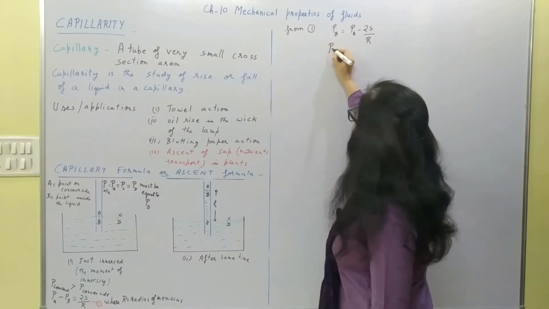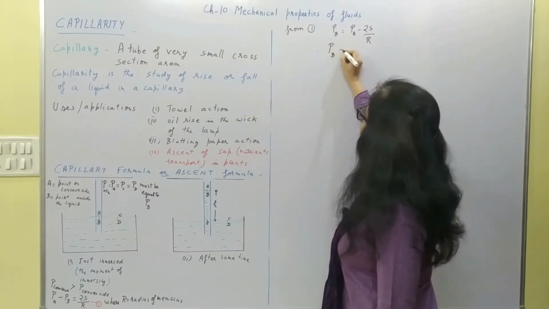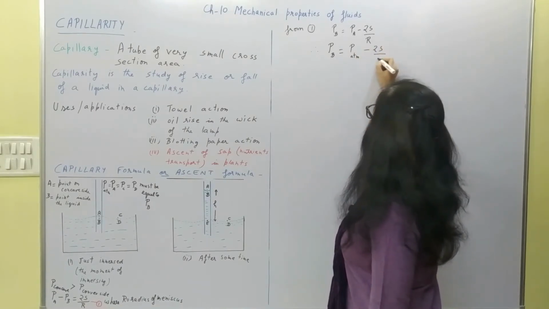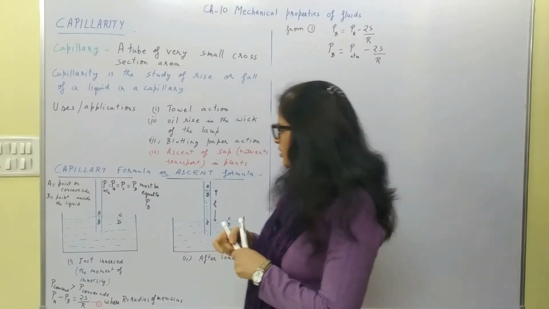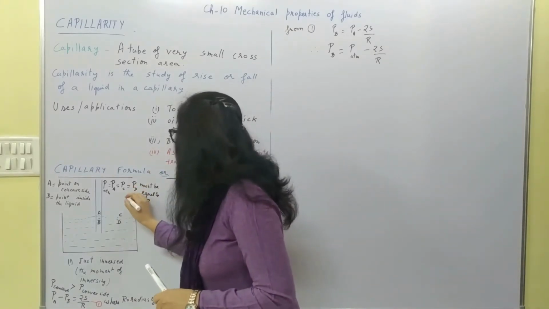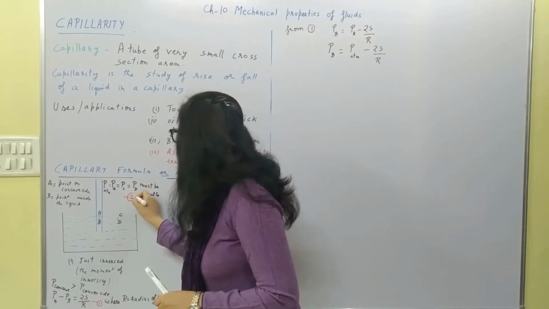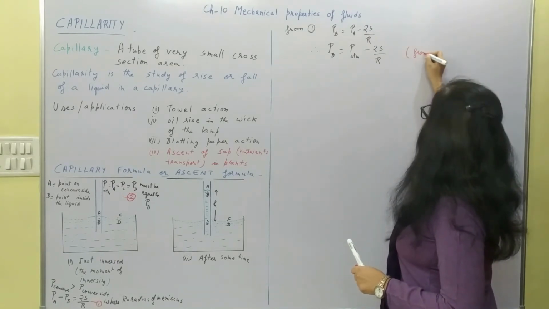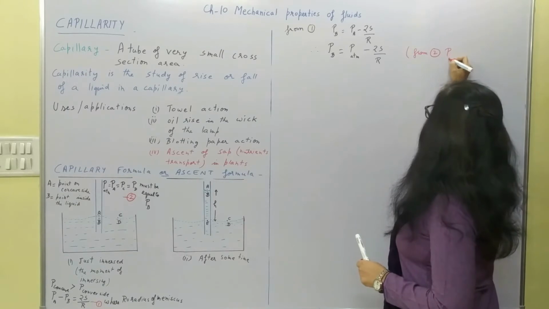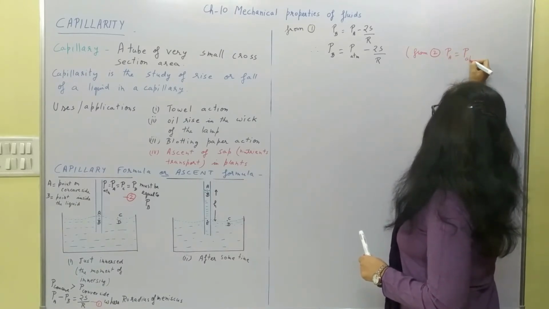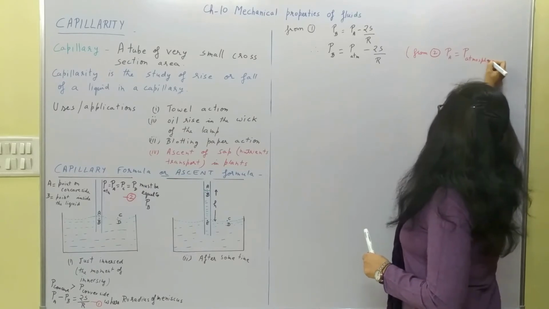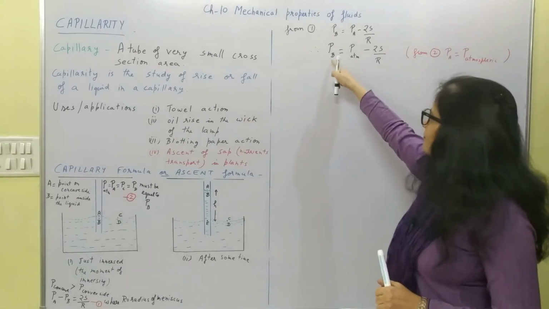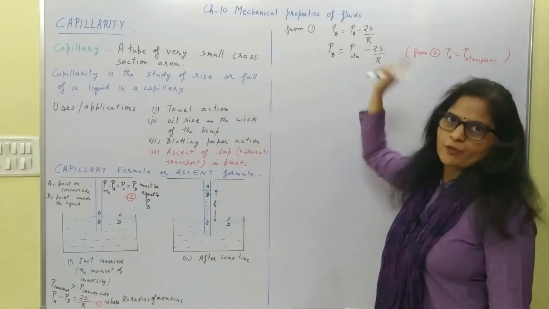So you can write that pressure at B is atmospheric pressure minus 2S upon R. If I mark this as equation 2, from 2, pressure at A is equal to atmospheric pressure, right? So that's why the pressure at B is something subtracted from atmospheric pressure.